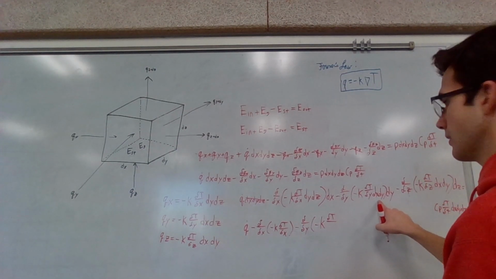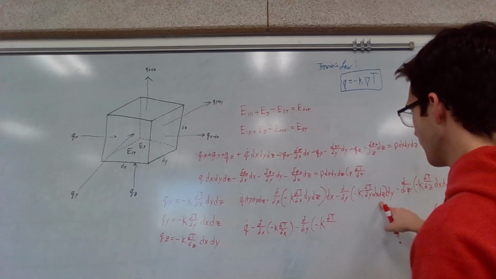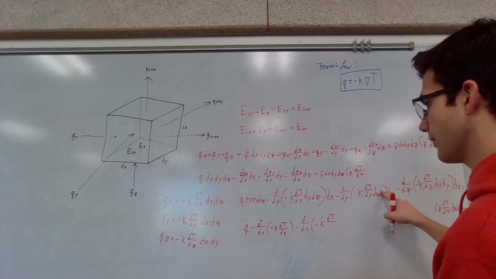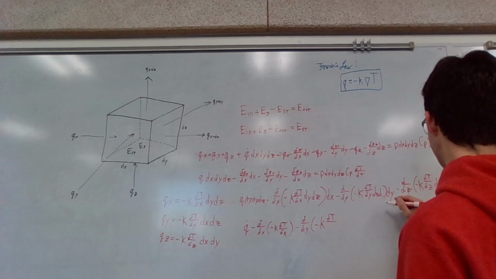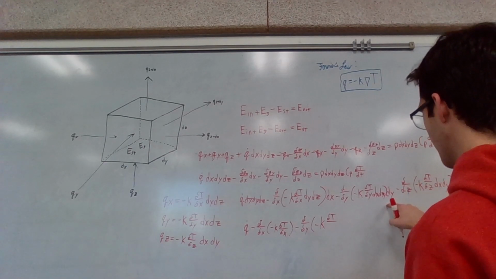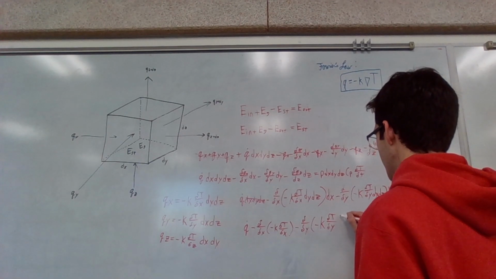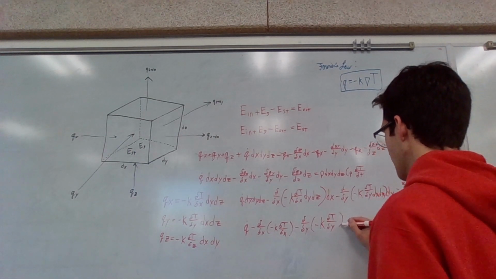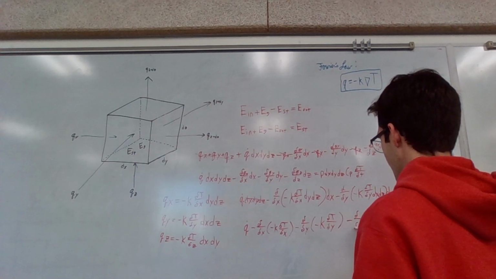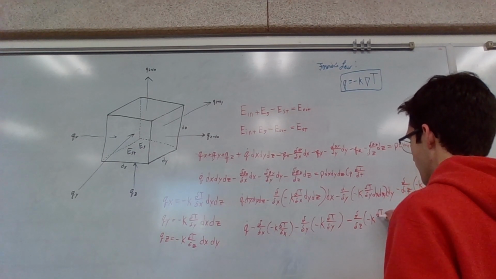This is supposed to be a z, I accidentally put a little y there. All right, so dx dy dz, those all cancel. Our change in temperature with respect to y is what we're left with, minus, one more time for our z-axis, a negative thermal conductivity constant, change in temperature with z.